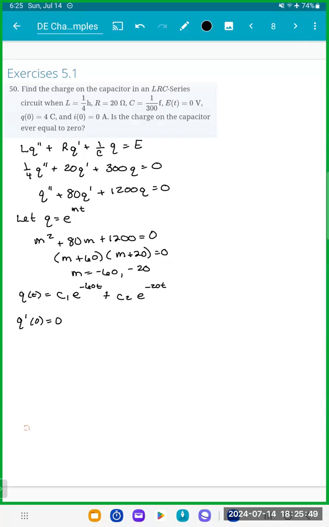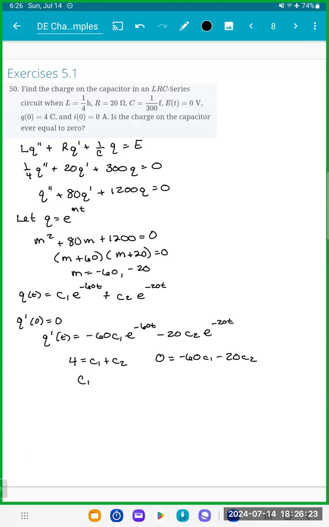And Q prime evaluated at 0 is equal to 0. So if I do Q prime of t, that is negative 60 C1 e to the negative 60t minus 20 C2 e to the negative 20t. So 4 equals C1 plus C2, and 0 equals negative 60 C1 minus 20 C2.